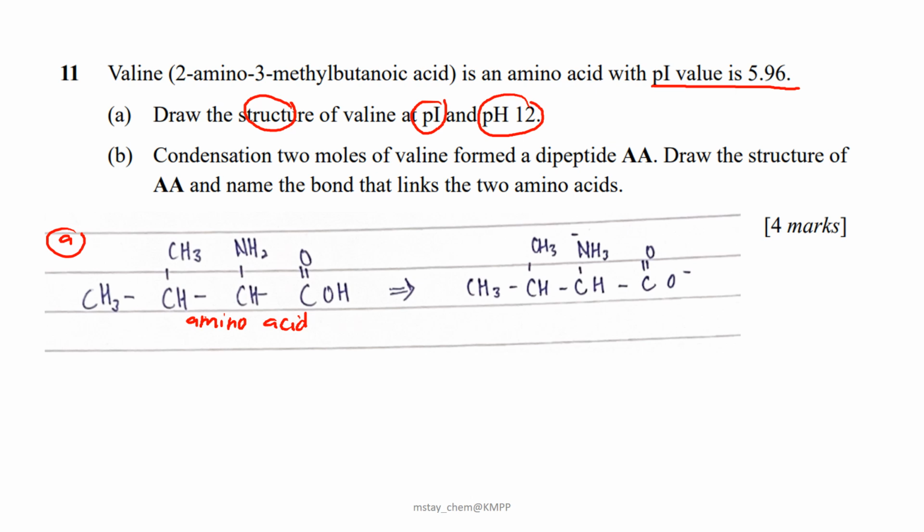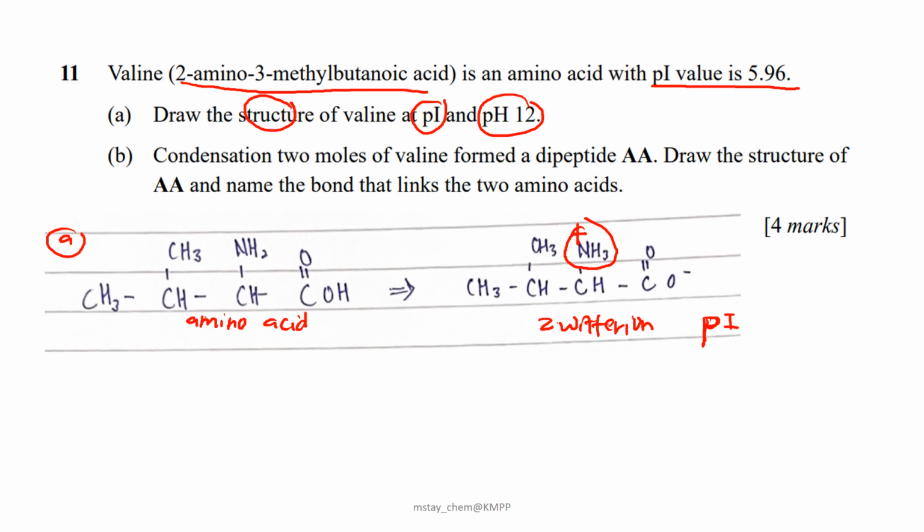So this is the amino acid based on the IUPAC name, 3-amino-3-methylbutanoic acid. And then for this one, I guess he or she wants to draw the zwitterion, which means it's at the pI value. Okay, because the student didn't label, they won't get the mark. And also if it is a zwitterion, it must always have positive and negative charge. So here supposedly is NH3 plus.